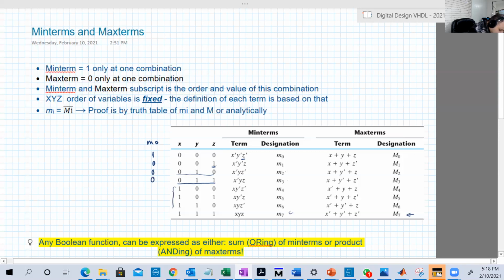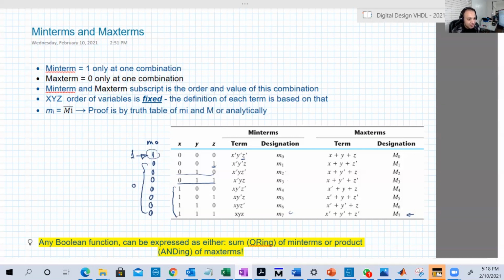And here x is always 1, so x prime will be 0. So again, 0 ANDed with anything will give you 0. As you see, guys, here only one row gives 1 and everything else is 0. One term, one combination, which is x bar, y bar, z bar, and everything else is 0. So why did we express m0 as x bar, y bar, z bar?